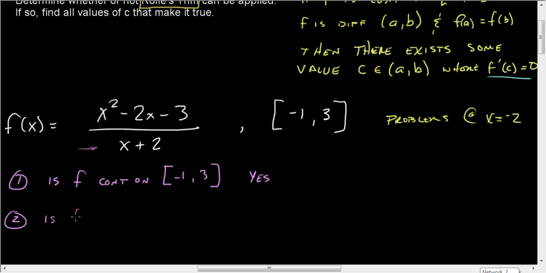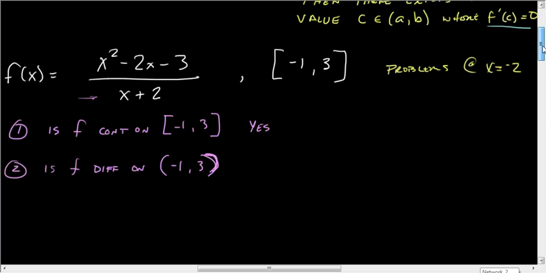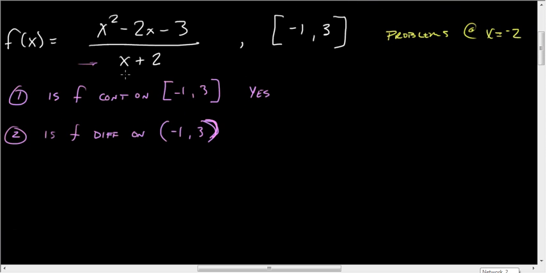Is f differentiable on the open interval (-1, 3)? Open interval. Now you can take a look at this and kind of divine it and say sure, but I like to do it this way. If it is differentiable, you're going to have to take the derivative anyway.